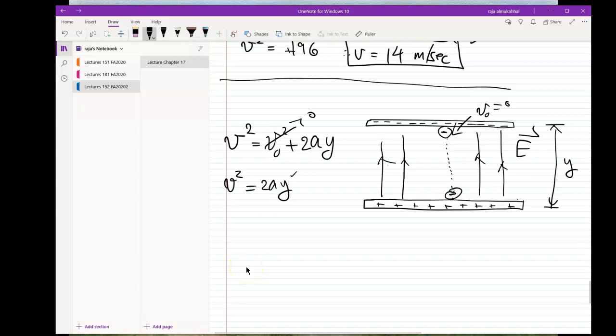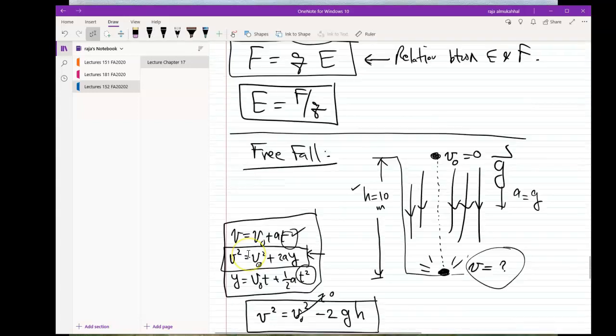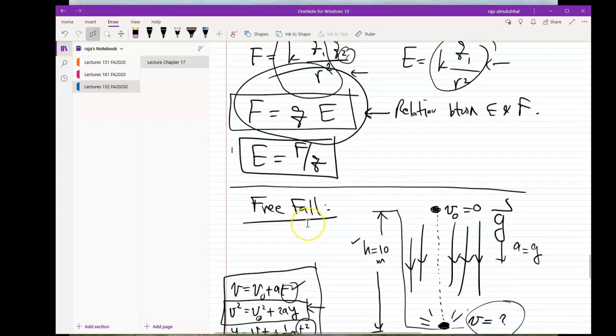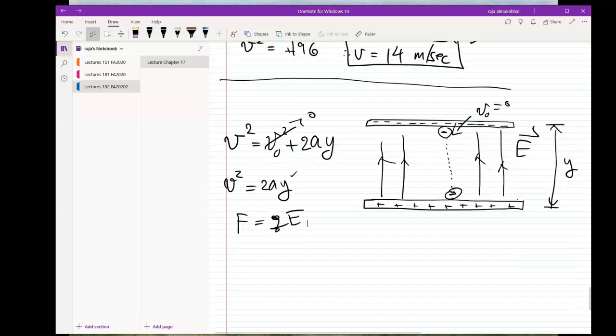Okay? So here is how you work it out. Look, we said that the force is equal to QE. Remember? Above, right there. Also, we know that the force F is equal to ma. Remember?